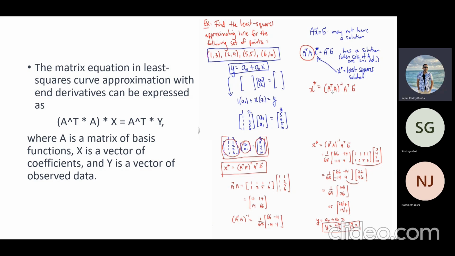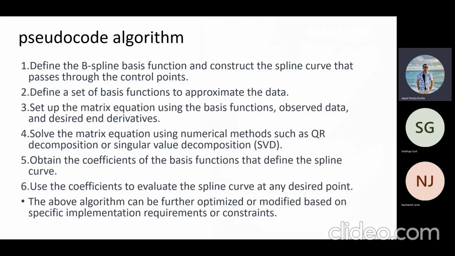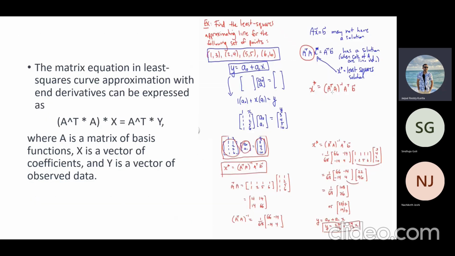Take the following set of points: (1, 3), (2, 4), (5, 6), (6, 10). Initially, we write the spline equation, then we approximate the data, and then we convert it into a matrix, and then we use QR and SVD to solve it, with the least squares matrix equation, which is A transpose A X equals A transpose Y. We use this similar form of equation to solve the obtained matrix, and then solve the question.